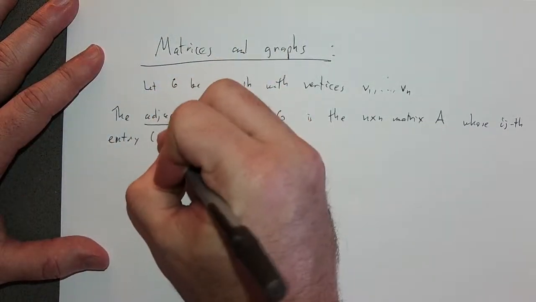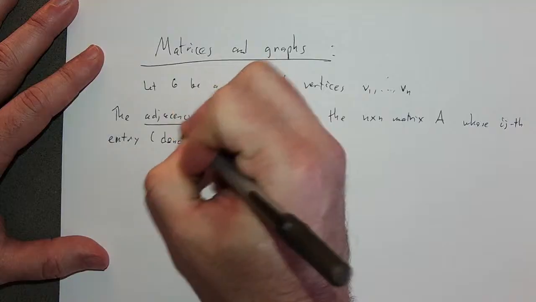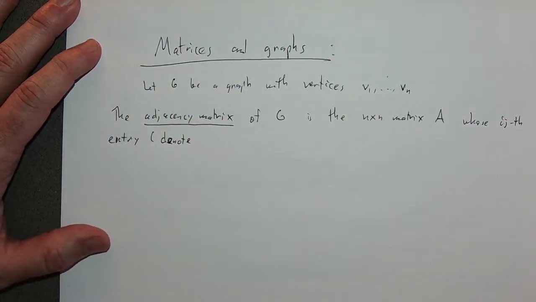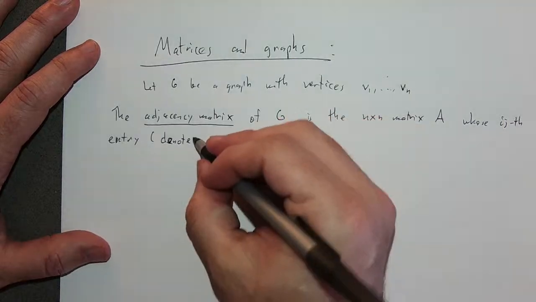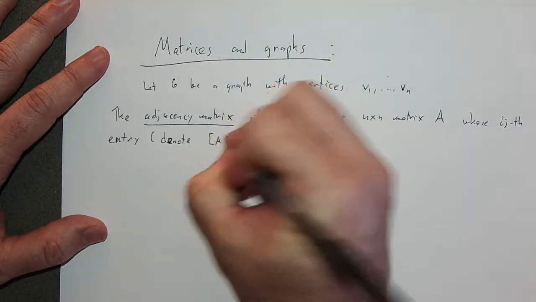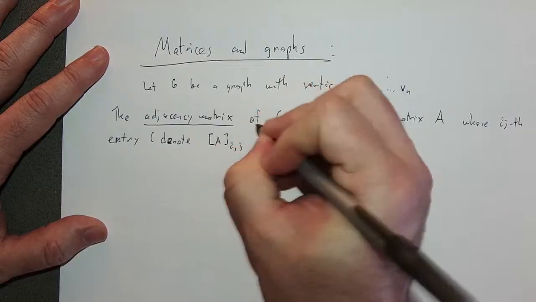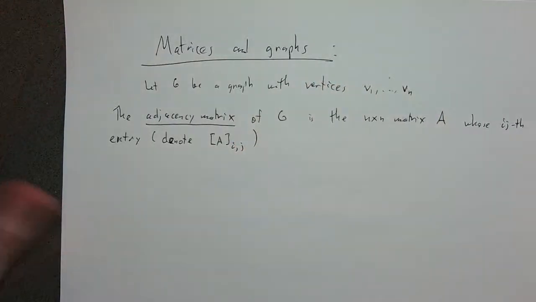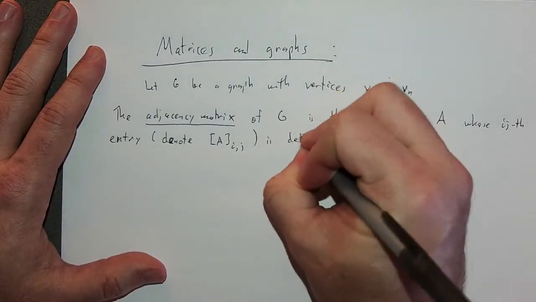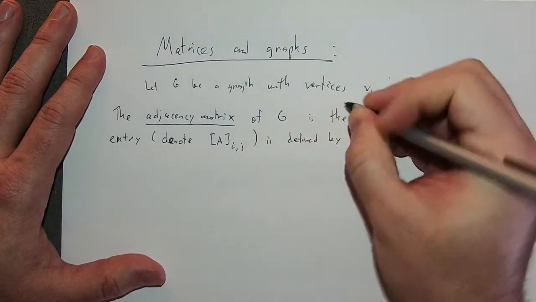We are going to denote this, just to follow the textbook's notation, by a ij, multi-index like that. I'm going to keep this notation the same, even if maybe it is a little bit more cumbersome than what you would see in linear algebra. It is defined by the following.